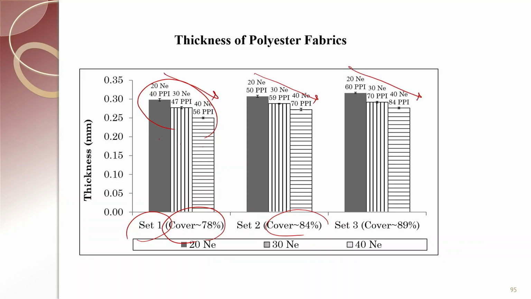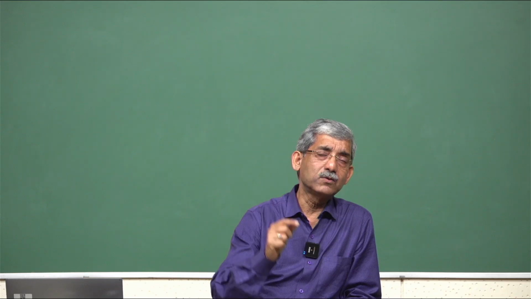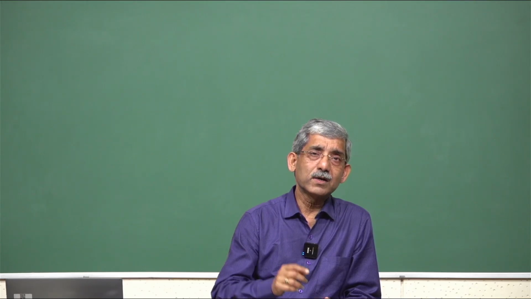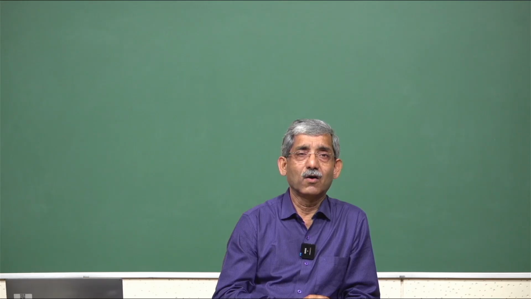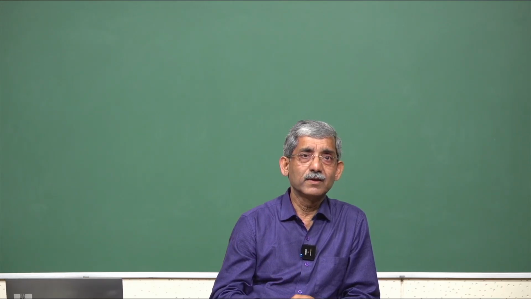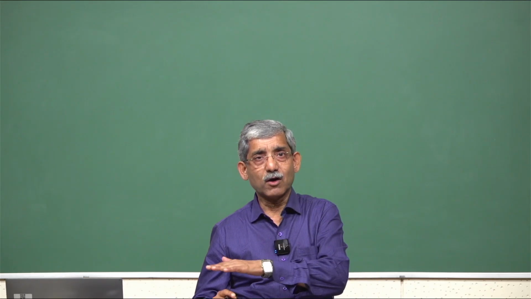Similarly, for set 3 with 89% cover factor, the thickness reduces consistently with the increase in count. That was our idea. So, now what we are trying to study is the effect of thickness on UPF value, keeping the fabric cover factor the same.